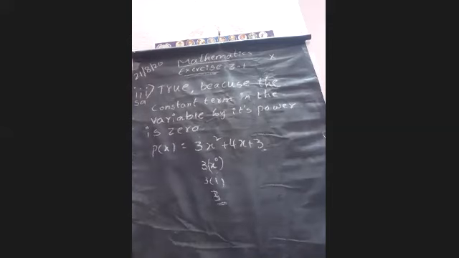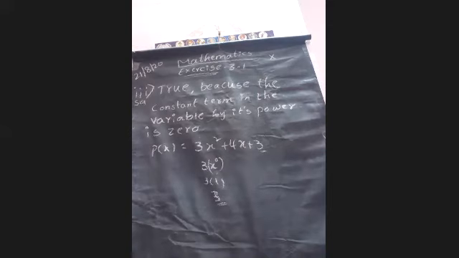Next, fourth question, what do they ask? 1 by x square minus 5x plus 6 is a quadratic polynomial. We have to check whether that is a quadratic polynomial or not. In a polynomial, we don't have numerator by denominator. If it is a polynomial, we have only the numerator; we don't want a denominator. Here they gave numerator by denominator, so it is not a polynomial.